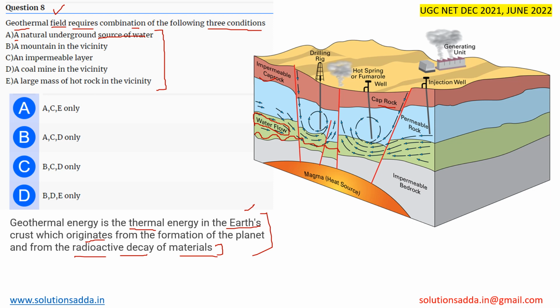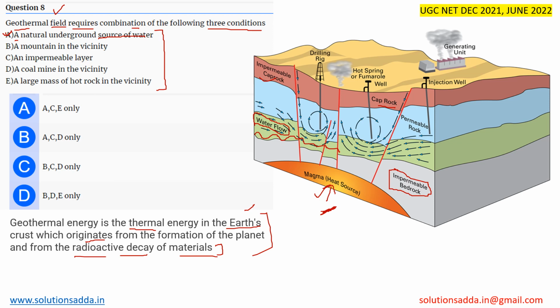And in the last we have the impermeable bedrock, and the magma, the source of the heat, and from this source we are getting the energy. So statement A is very true, that a natural underground source of water is one of the required things in order to get geothermal energy.